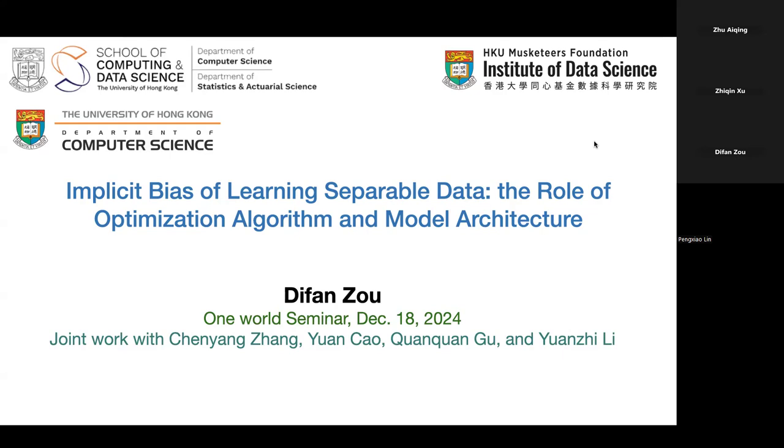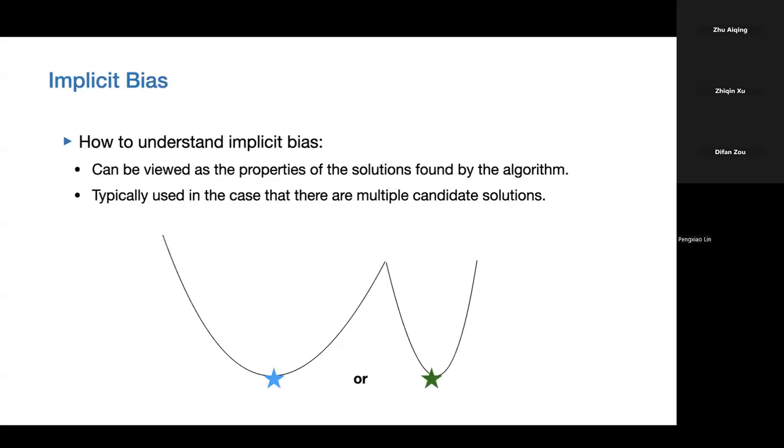Okay, let's start. First, let me briefly introduce what implicit bias is and why we want to study it to enhance our understanding of deep learning. Basically, we want to view the properties of the solution found by different algorithms. Because in deep learning, when we have a very large model and consider the training loss function, we will have multiple candidate solutions.